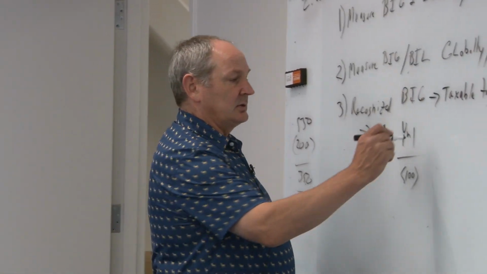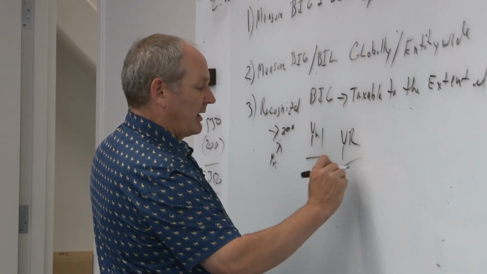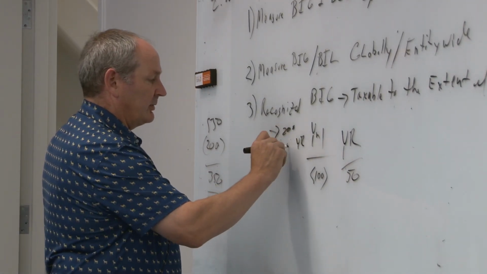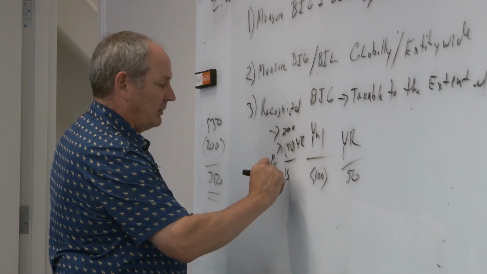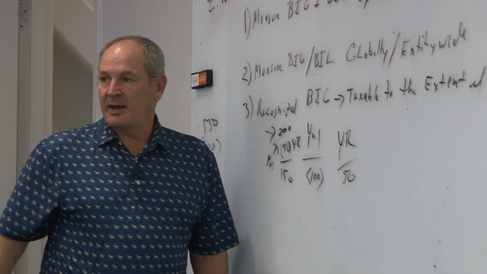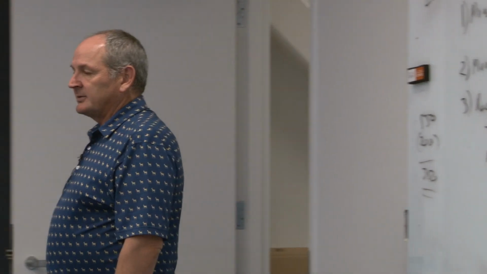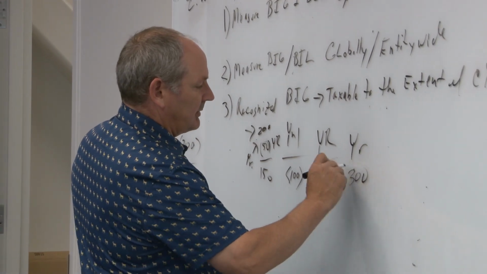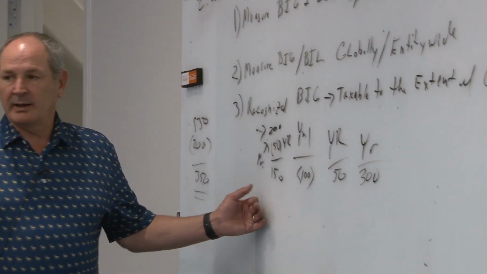So if we get to year 2, and we have $50 of income, well, in year 2, we're able to recognize 50 with 150 carried forward. So now we have to pay an entity level tax on that 50. And then we get to year 3, and we have 300 of income. Well, now we're able to recognize all of it.